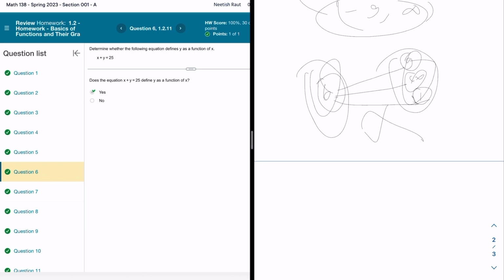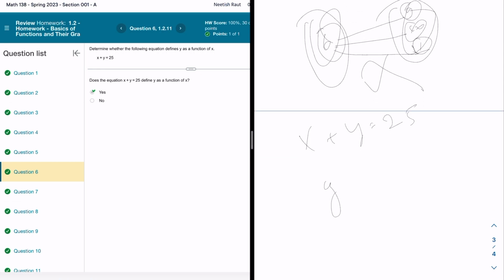Determine whether the following equation defines y as a function of x. Okay, so we have x plus y equal to 25. So write y in terms of x, so y equals 25 minus x.